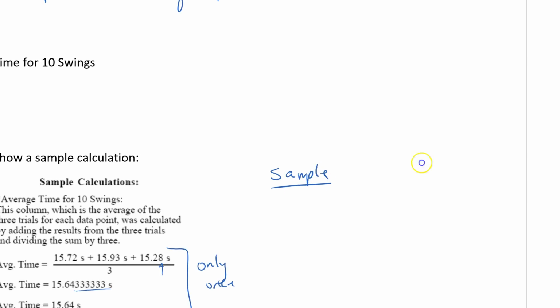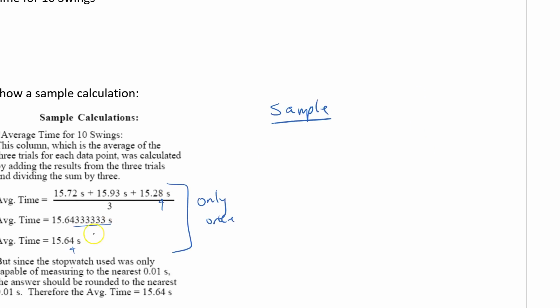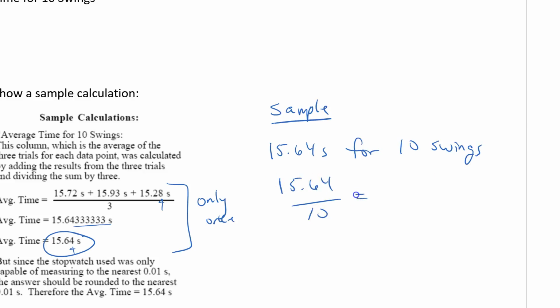So if you had, say here, this 15.64 for 10 swings, so 15.64 divided by 10 is going to be 1.564. That would be seconds. This would be your period. So again, you could show that calculation once.